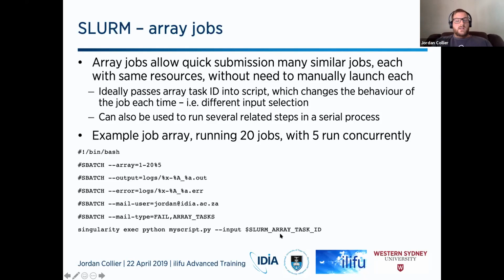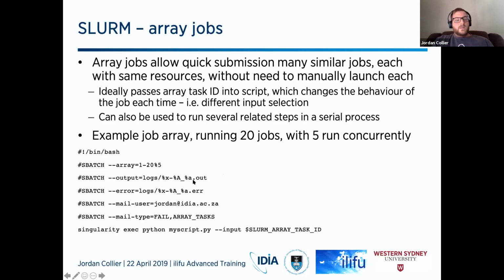And so later down here, my SLURM array task ID starts at 1 and it goes up to 20 as I move through my job array. And then this 5 is showing that I'm running 5 at once. And so once one of them completes, the next one will be launched and so on. Presumably all 5 end at about the same time, and then another batch of 5 are run at once.